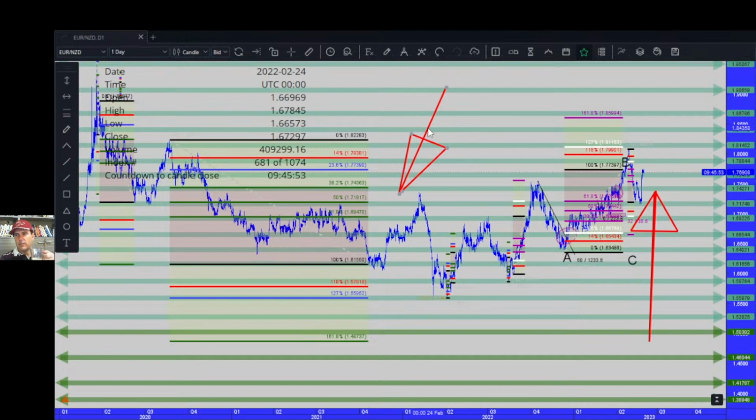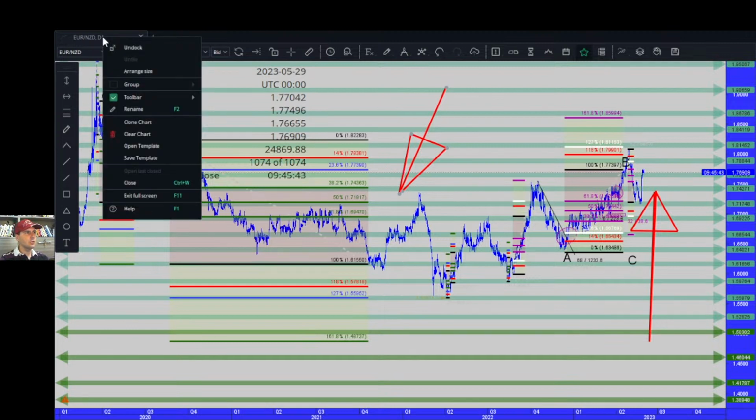You can trade whatever you want, right? Everybody, how are you going to make pips and money? Shorting the daily or going long on the contrarian?